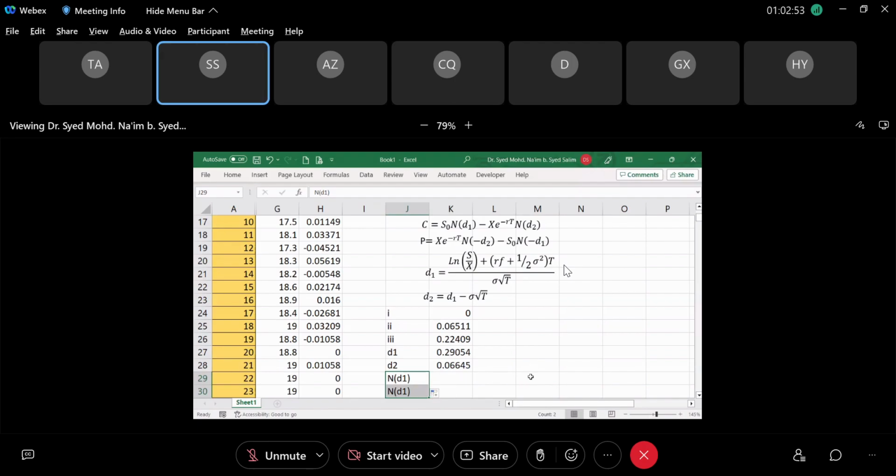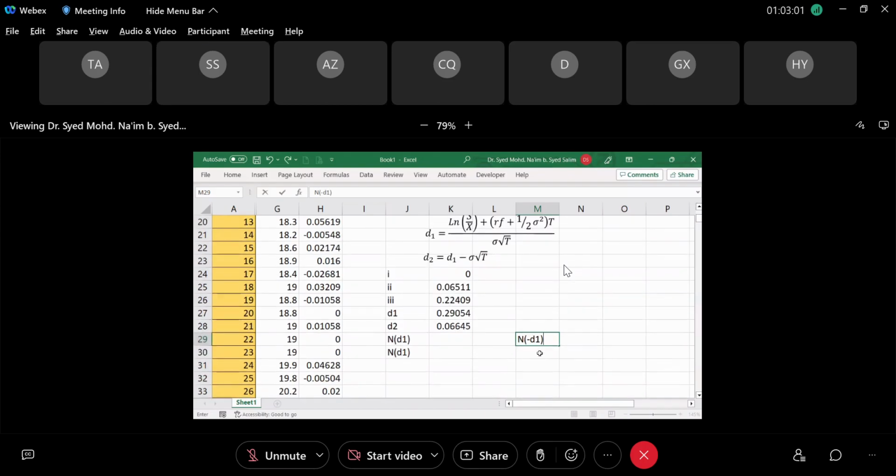Option is normal distribution of A1. Yeah. I reply already. Mm-hmm.